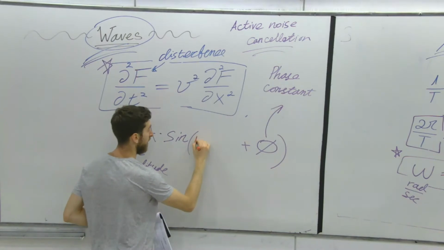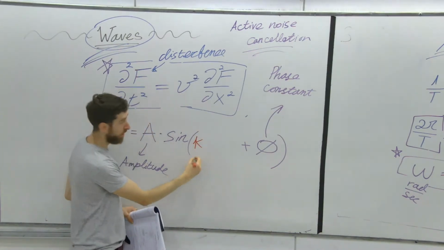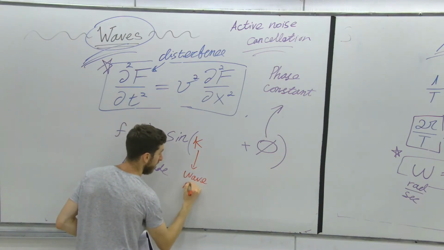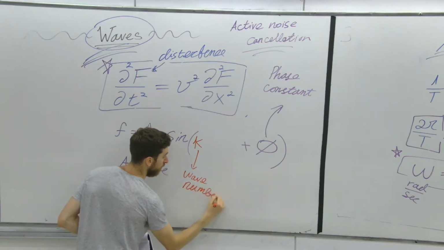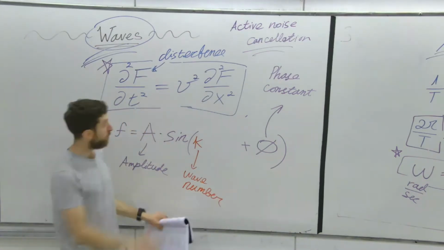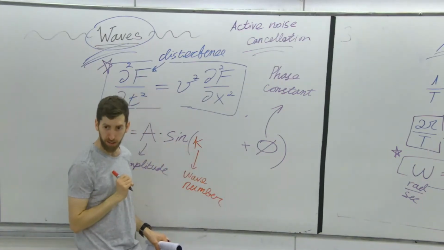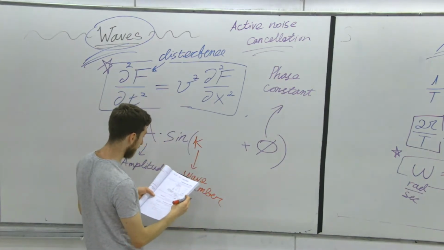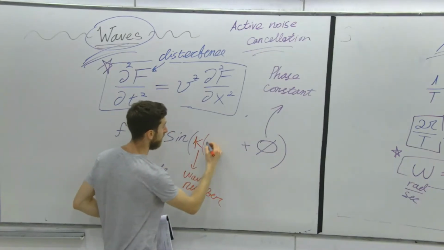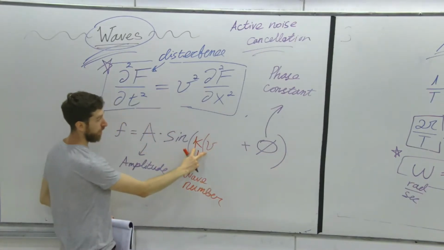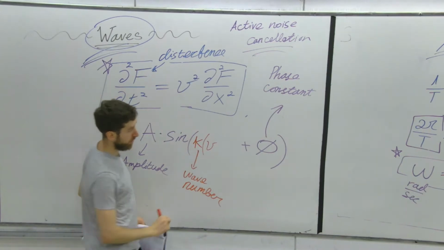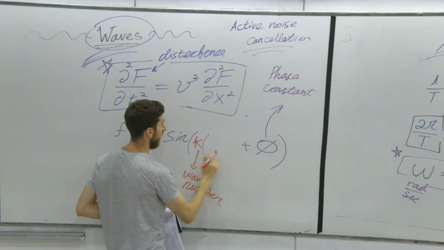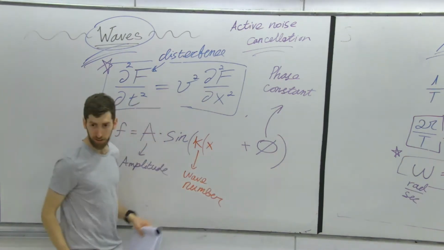So here I'm going to write K, which is the wave number. This is the wave number, and it's related to the distance that I propagate, right? Perfect. And here I'm gonna write V, the velocity. Sorry, not V, I'm gonna write X, location in space.